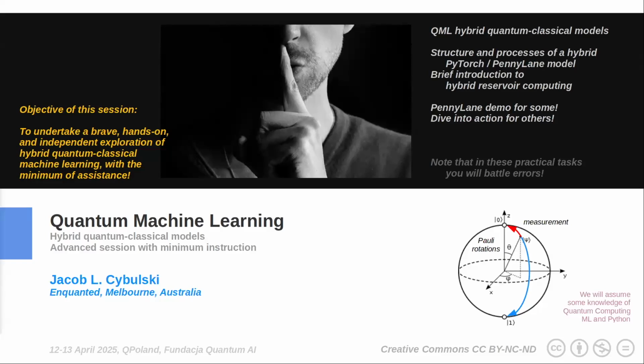In the last session, as the objective of the session says, we undertook a brave, hands-on, and independent exploration of hybrid quantum classical machine learning with the minimum of assistance. So what I'm going to do in this session is introduce the concept.